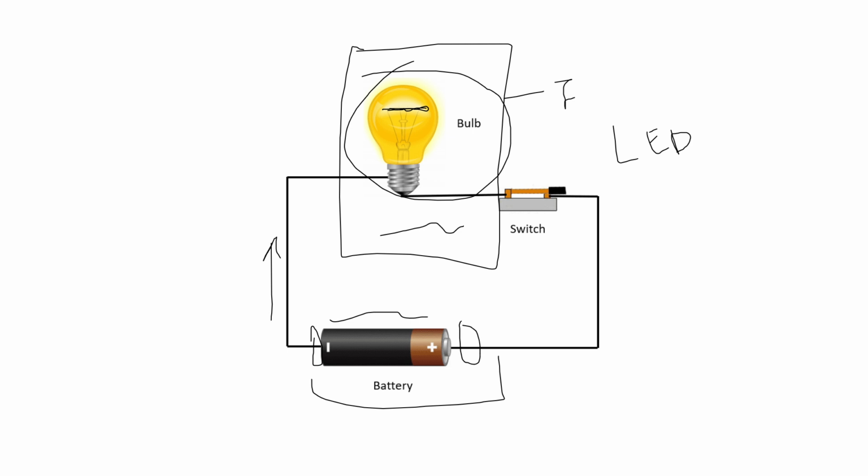And if you provide a medium, in this case, this wire or circuit, the electrons are going to be forced through. There's going to be a push of electrons through this whole circuit and up to this other side.